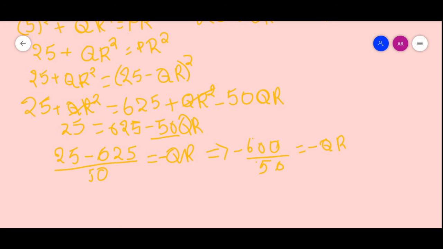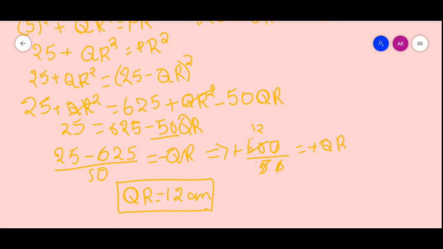Okay, so I cancel this 0 and 0 over here, and 5 ones are 5, and 60 comes in the 5 table at 12. So we can say that minus 12 is equal to minus QR. So I'll also cancel this minus on both sides. I can do it, right? So QR length would be equal to 12 centimeters. Oh yeah, we have got the value of QR as 12 centimeters.